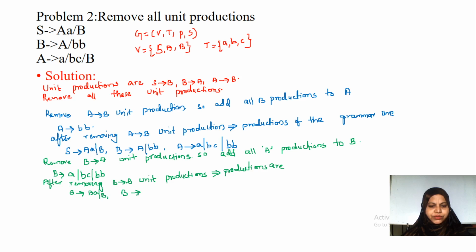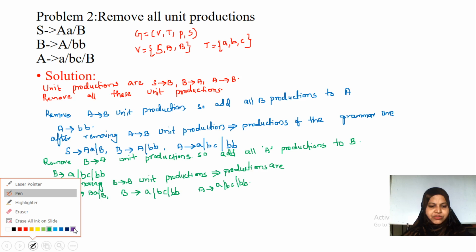B tends to A means already here we have to add this one, ABCBB. B tends to A, we have to add this production. Now remaining is C here. BB is there. Already BB is there, so no need to add BB production again, right? Now, what is A tends to? A tends to ABCBB is there, right? Up to here, we have removed the B tends to A production.